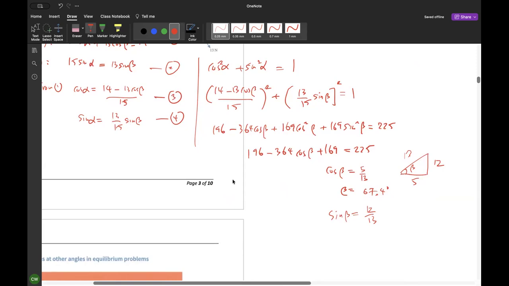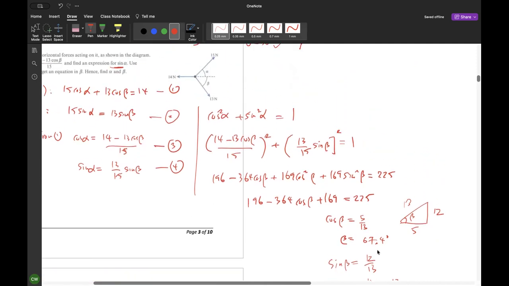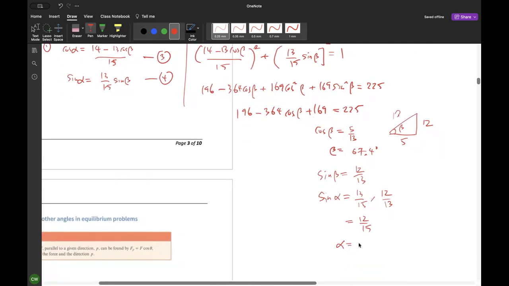Sin α will be 13 over 15 times 12 over 13, which is 12 over 15, that is 4 over 5. So α will be about 48, 53.1. Okay or not?